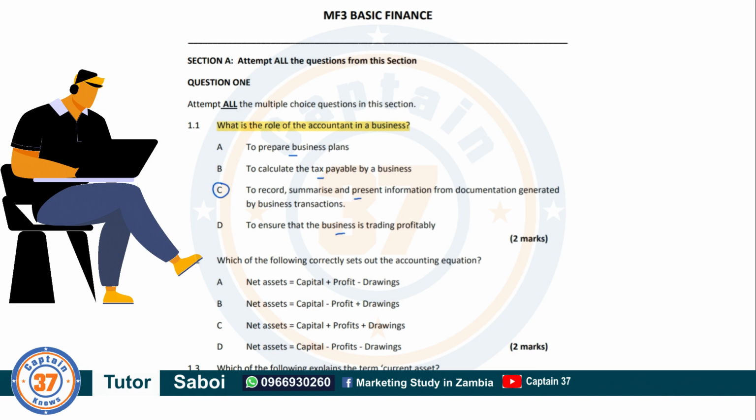Question number 2. Which of the following correctly sets out the accounting equation? Is it this one, where the net assets is equal to the capital plus profit plus drawings?